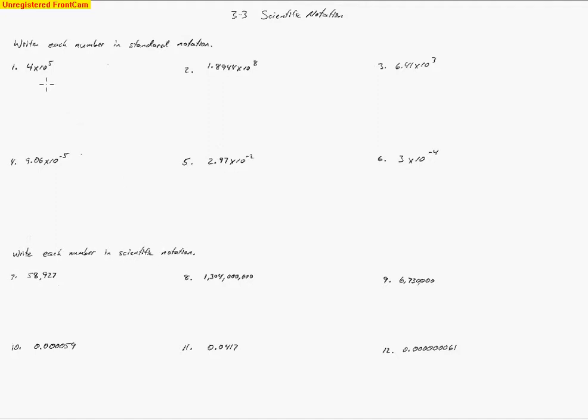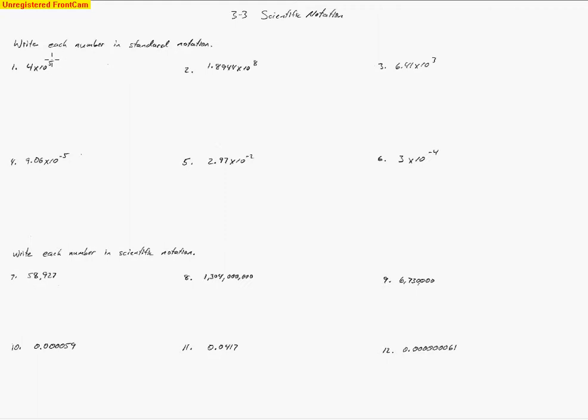So scientific notation is when we have a number, and that number cannot be bigger than 10, but it has to be 1 or larger, and then it's multiplied by a power of 10. And so what we want to do is put it back into the standard form where it's just a regular old number. Well, powers of 10 just move the decimal.